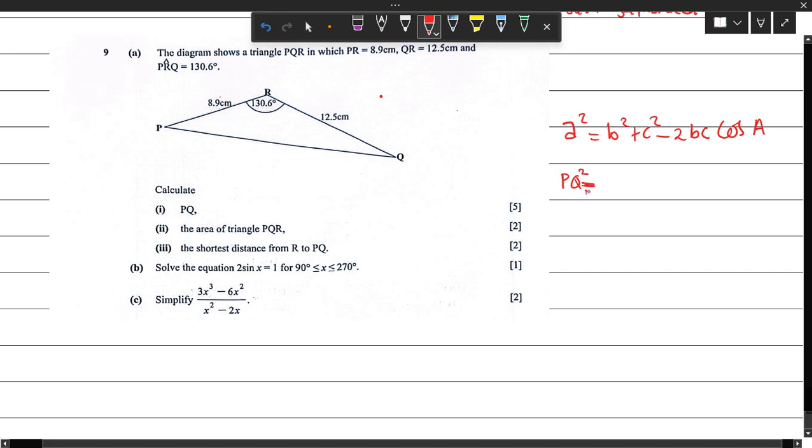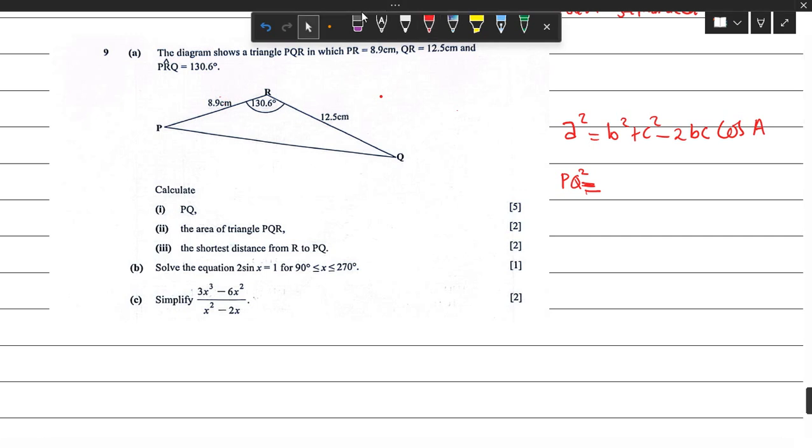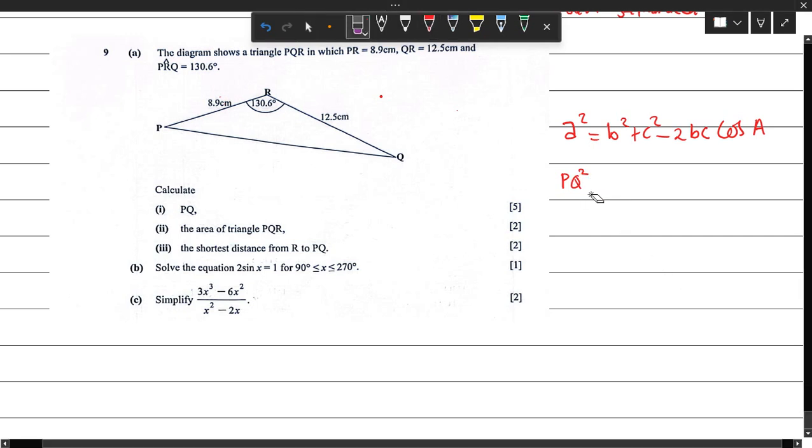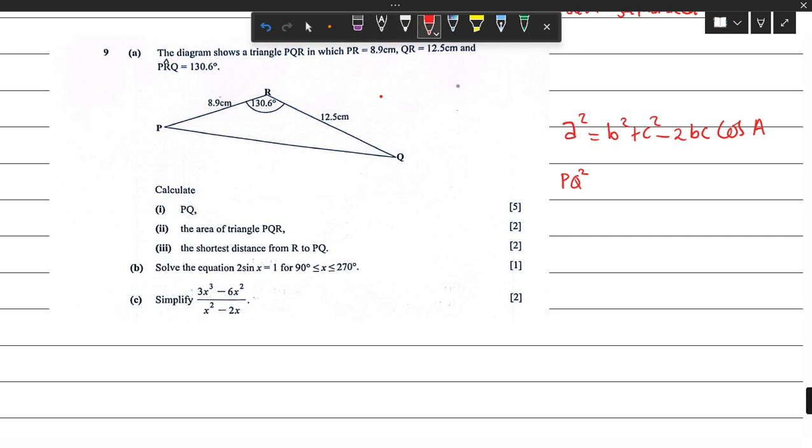We can't be using A and B, you know, we are grade 12s, so we are not grade 10s. We can't be using the letters which have been provided in the formula. So this is our A. Then B, you can choose any of RQ or RP. So we can say PR is our B, plus, meaning C will be QR.